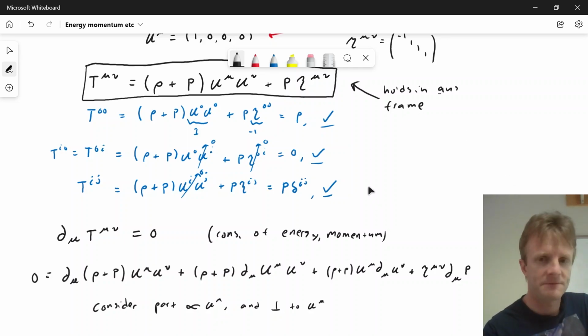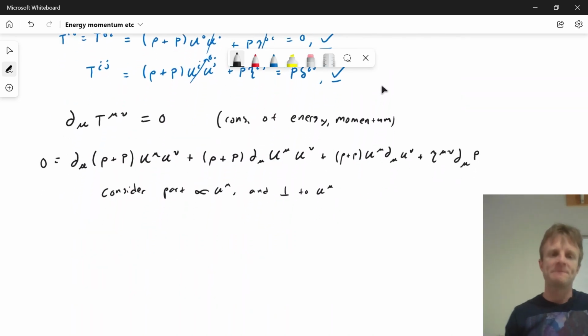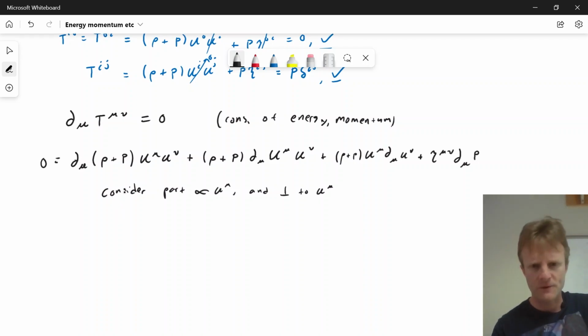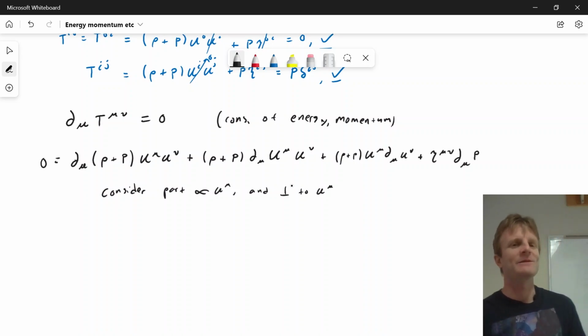I think I'll have time to show you at least the time component. I might put the space component on a later homework. There's enough already for this week. But let's do the time component. So the part proportional to u mu, well, that just means we dot with u mu, right? Anything that was perpendicular to u mu, well, that by definition goes away when we dot with u mu.